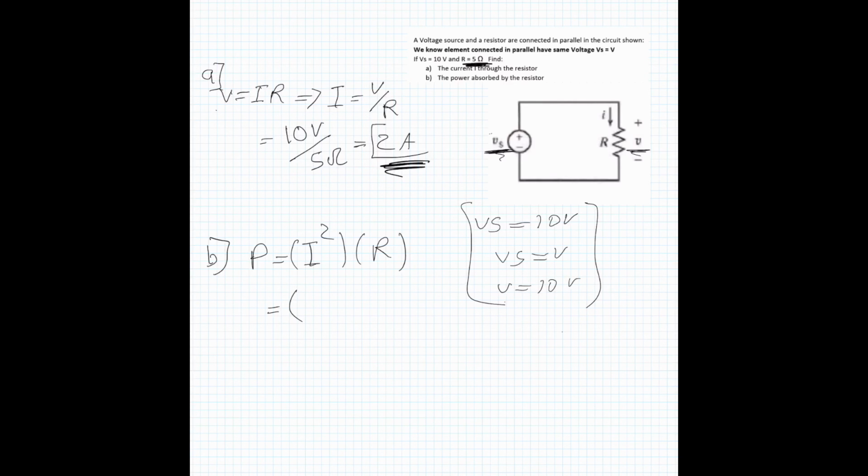So the formula will be as follows: 4 amps squared multiplied by 5 ohms, and that will give me 20 watts.